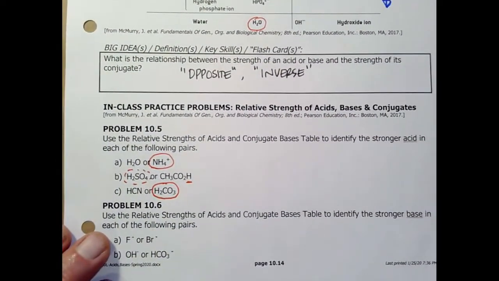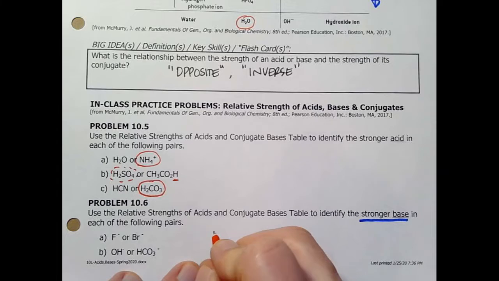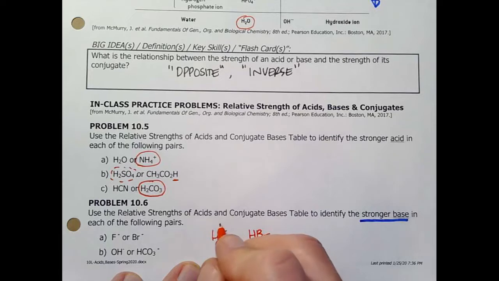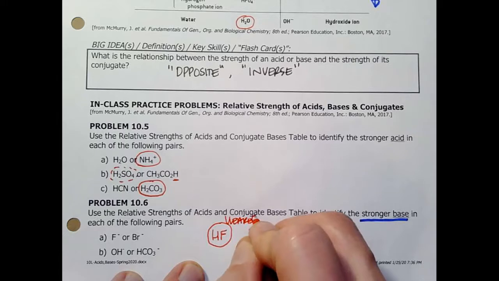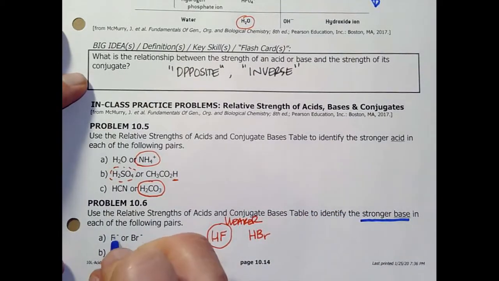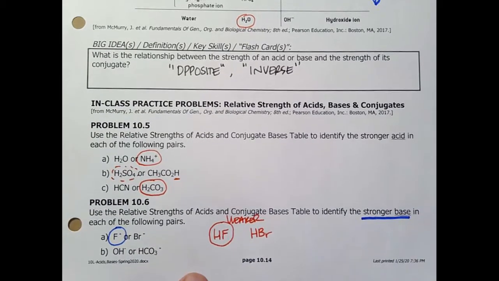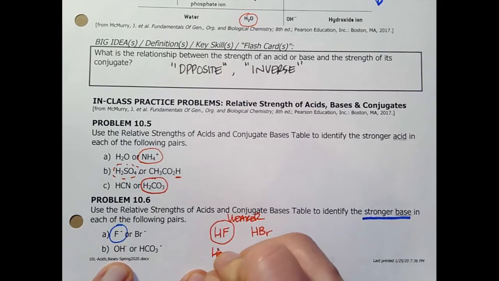Now here it says, I want to know the stronger base in each of those. So what I have to do is look for the weaker acid. So I look at HF versus HBr. HF is weaker, which means fluoride is the stronger base. Similarly here, I think, well, what's the conjugate acid for hydroxide?